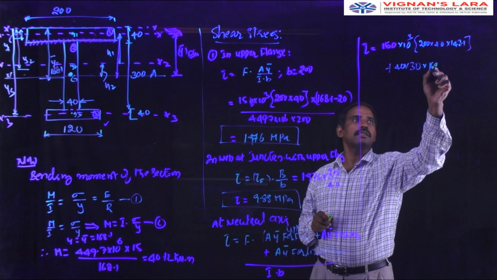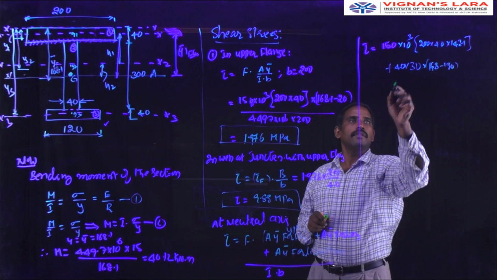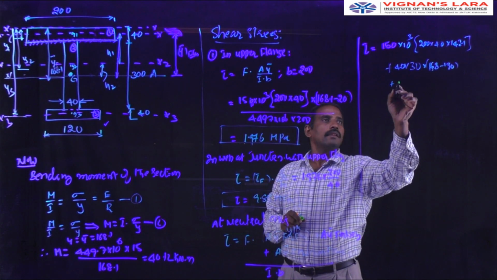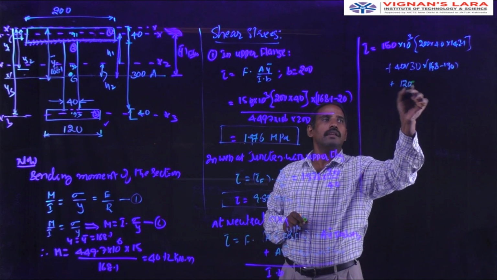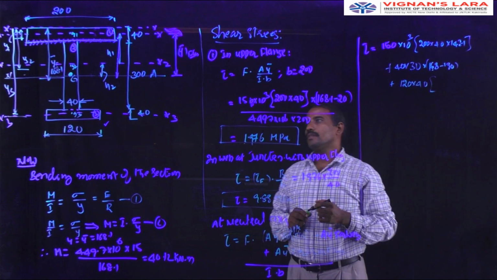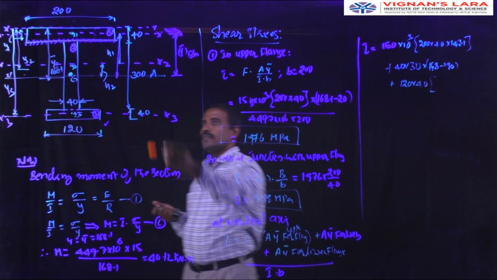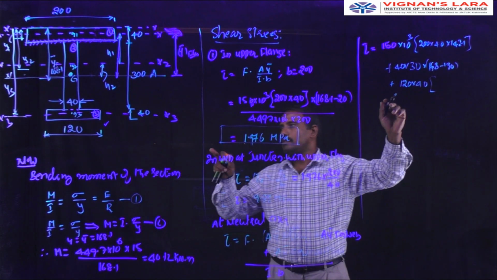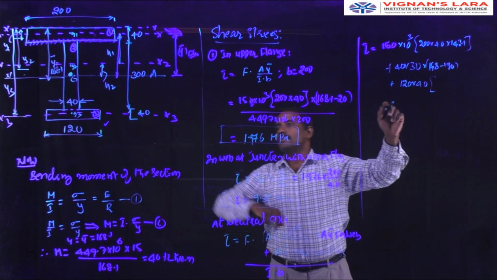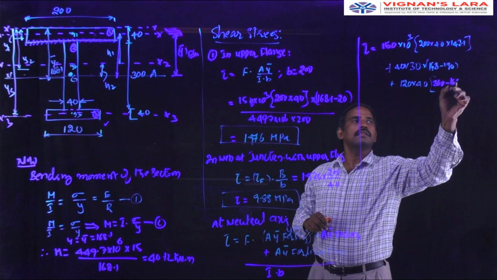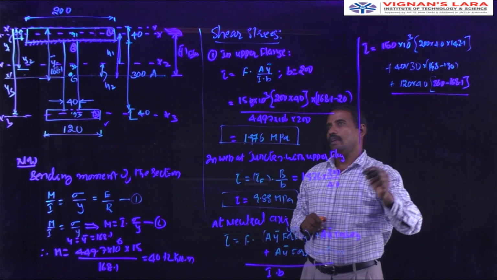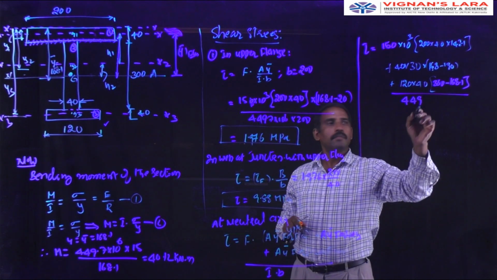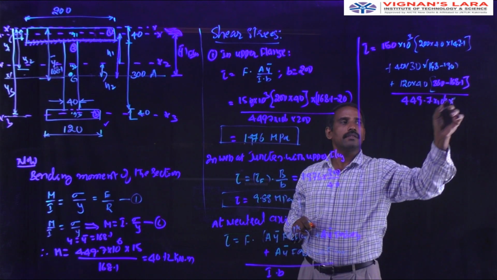Plus, finally, the area of the third rectangle is 120 into 40 into the centroidal distance from the neutral axis to this, that is y3 minus 168.1, where y3 is 380 minus 20, divided by the moment of inertia, 449.7 into 10 to the power of 6, into 120.